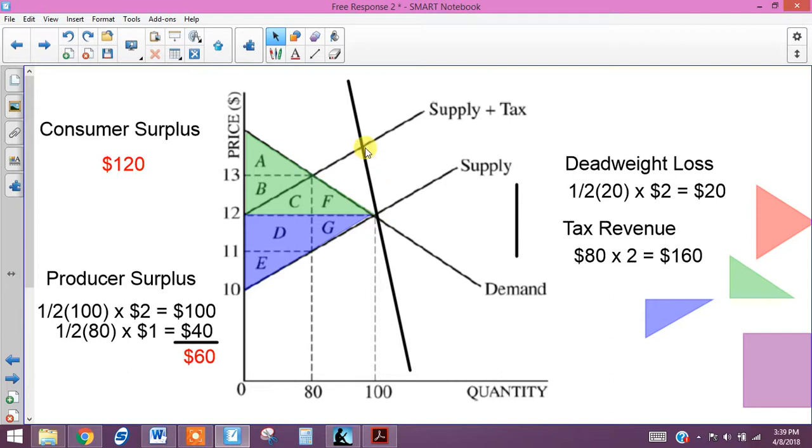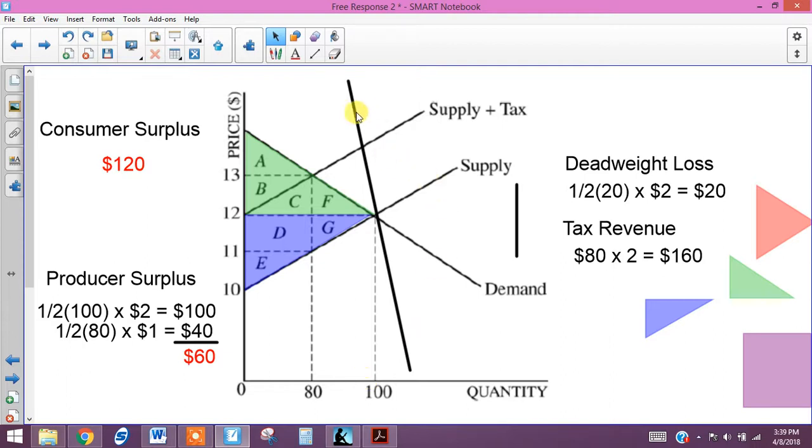So if the demand is more inelastic, the consumers end up paying a much higher price, a much larger portion of the tax, and the producers don't have to cut back nearly as much on their production.